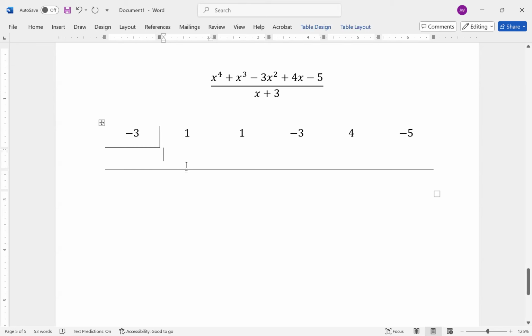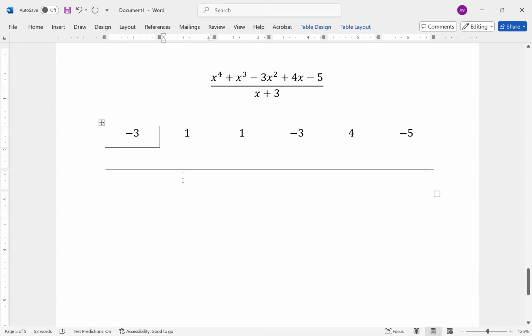And then the first step is to put that r here in the left-hand box. Usually I put a little L around it, a reverse L obviously. And then I'll lay out the coefficients of my dividend in descending order. So 1x to the fourth plus 1x to the third minus 3x squared plus 4x minus 5 give me those coefficients.